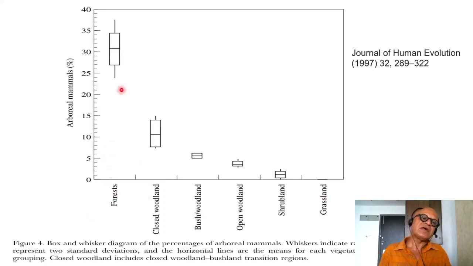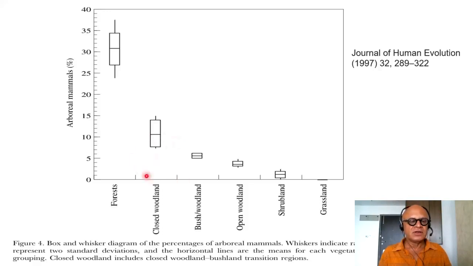So forests have a higher percentage than closed woodlands, bush woodland, open woodland, shrubland, and in grassland there are basically very few. So these are the box and whisker diagram of percentages of arboreal mammals. Whiskers indicate range, boxes represent two standard deviations, and the horizontal lines are the means for each vegetative habitat grouping.